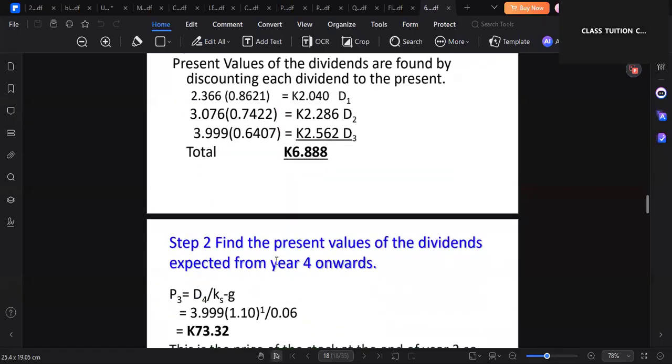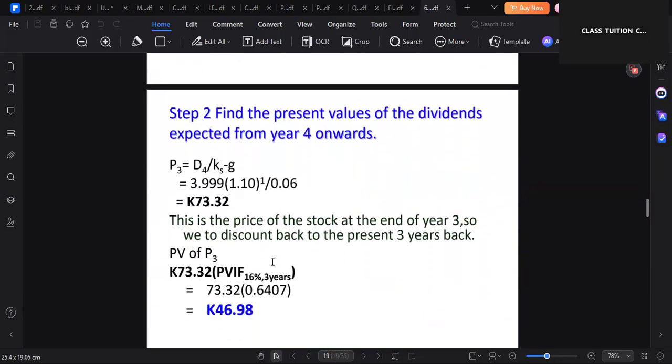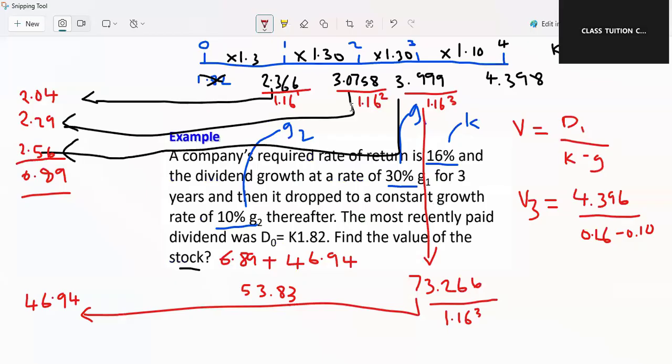Then we went to phase 2 to find the present value as at year 3. So we have to find the dividend in year 4, over K minus G. The dividend in year 3 was 3.99, so we multiply 3.99 times 1.10 to get D4.